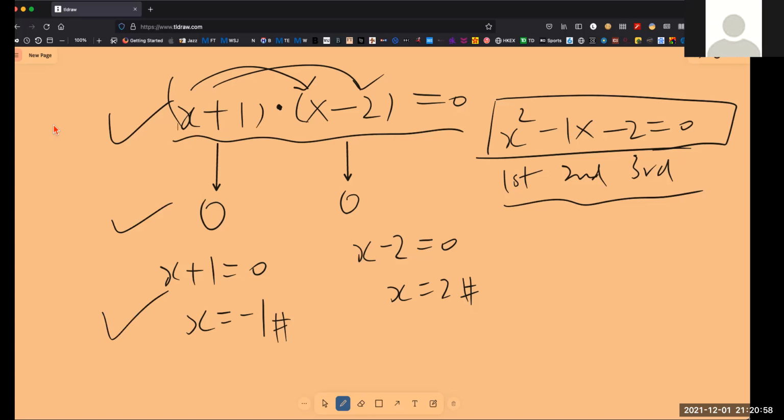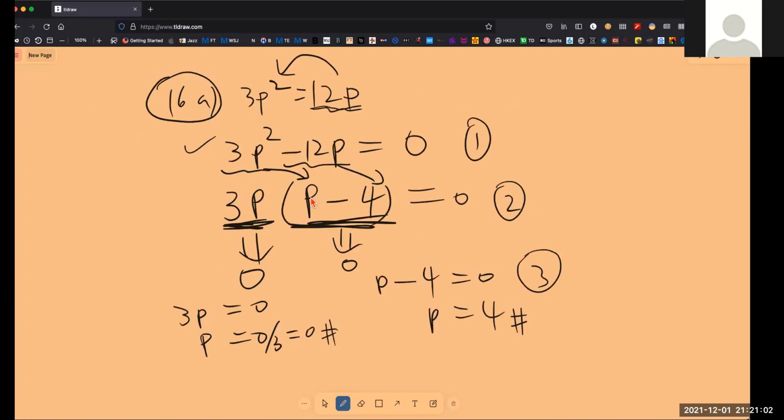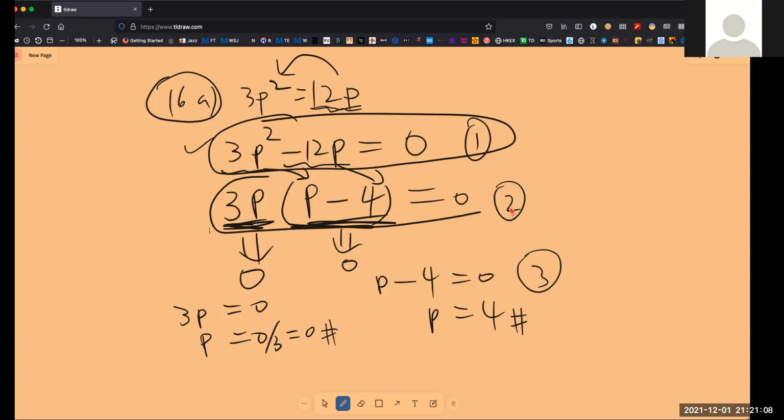All right. So if I go back to the example just now over here, can you see you end up with step 1 here, and then the next step is you take out the common factor, which is the second step. Can you see that the 3p is actually the first term, and then the p minus 4 is the second term?